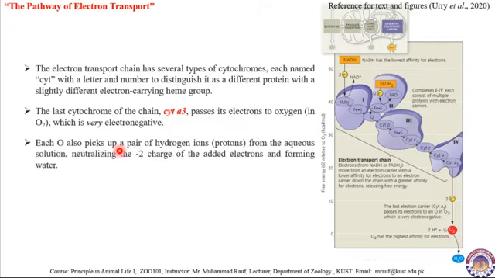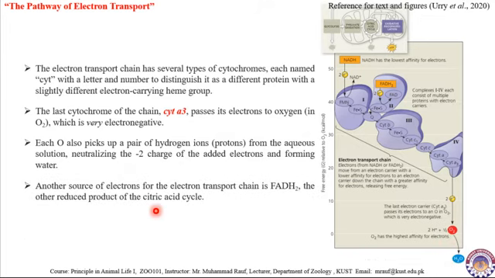Each oxygen also picks up a pair of hydrogen ions, protons, from the aqueous solution, neutralizing the -2 charge of the added electrons and forming water. So this is the end product. Water is formed, and this water is known as metabolic water.